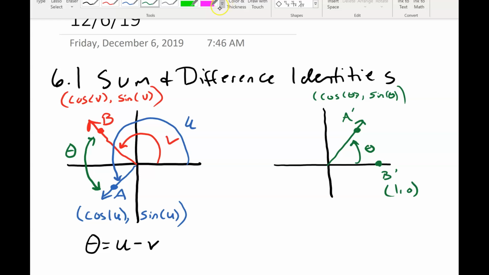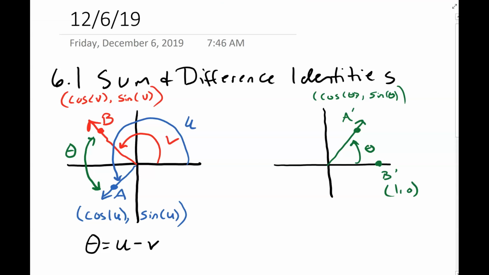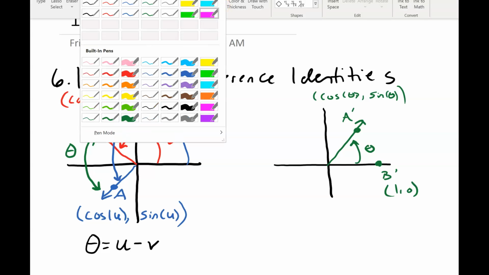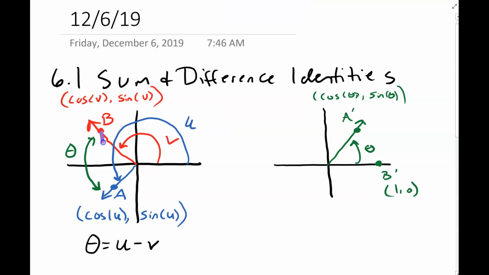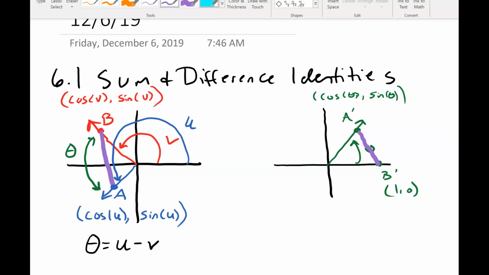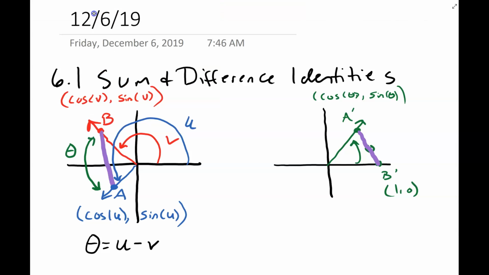So now I'm going to imagine the segment that's connecting A and B, and then A prime and B prime. What can I say about the relationship between the length of these two segments?